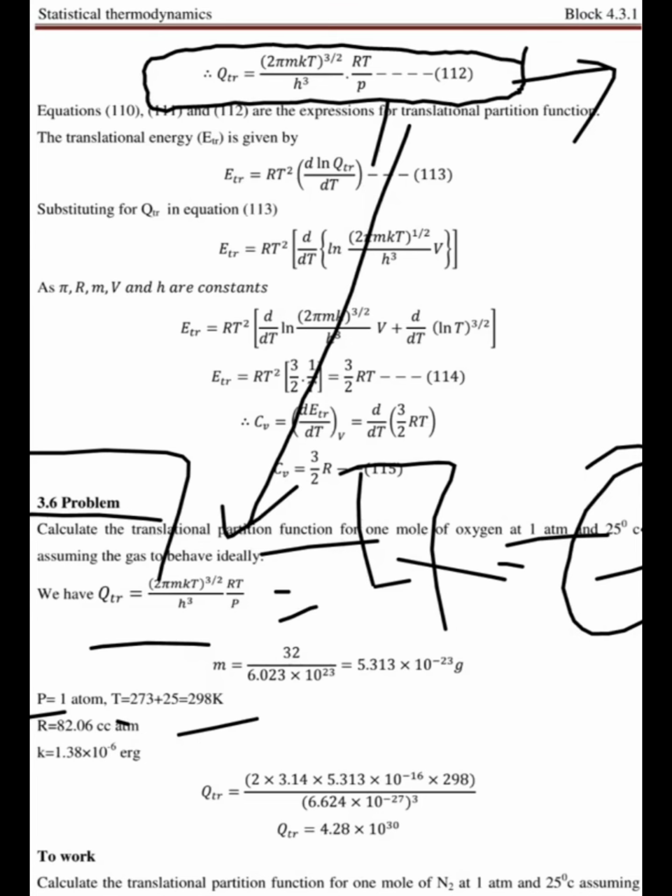That is the standard form where we derived everything in Kelvin. And R is 82.06, k is the constant 1.38 into 10 to the power of 23, and h cube can be 6.023 into 10 to the power of 23.